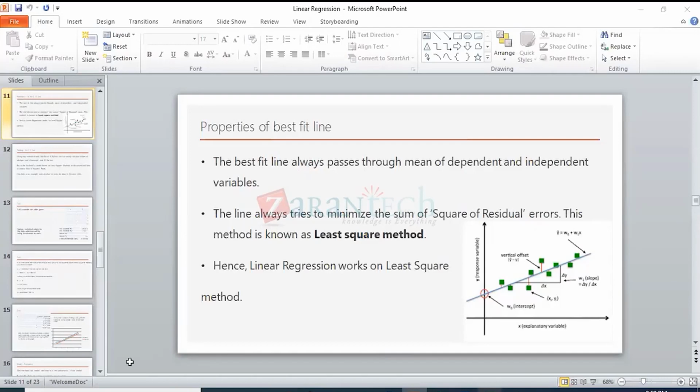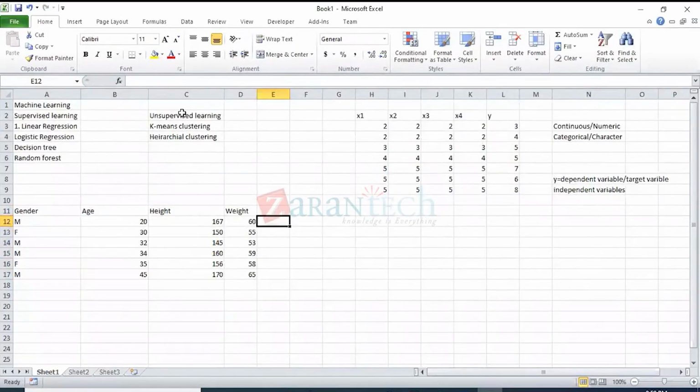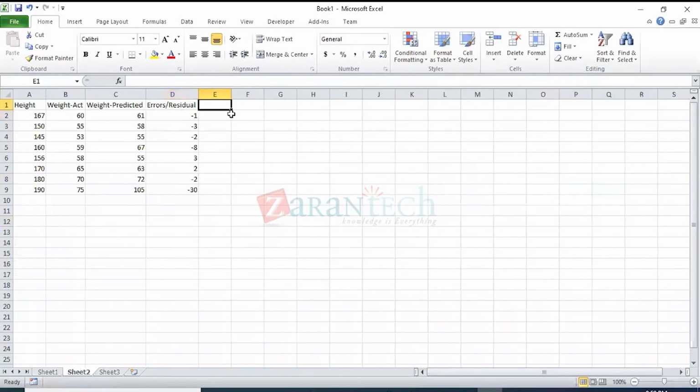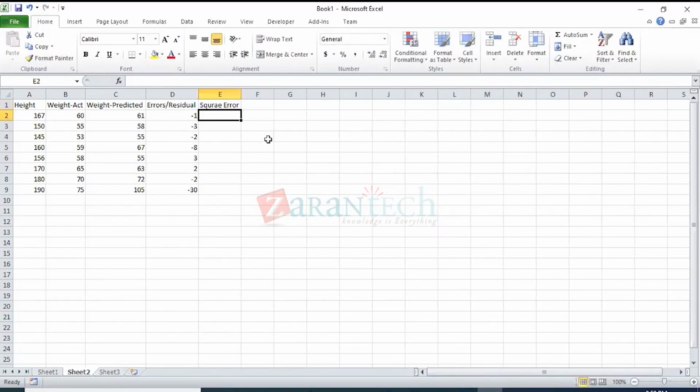Let's take this example itself. The sum of squared errors. Let's first take the square of errors. That is nothing but the square of this.